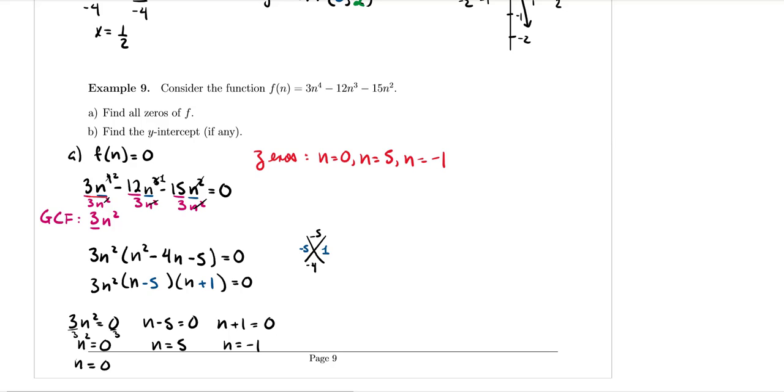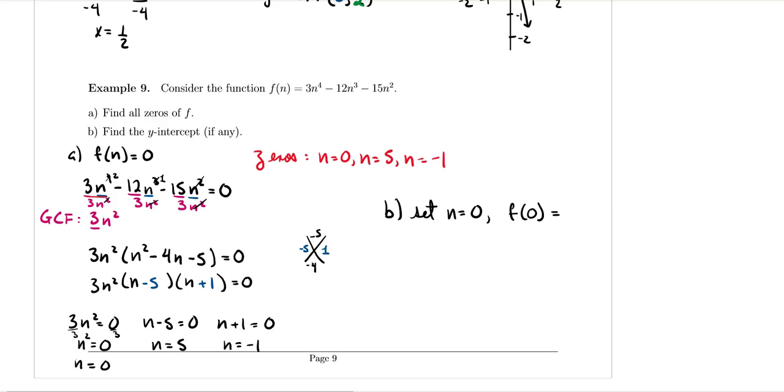Okay. Now what about the y-intercepts? Same idea. To find the y-intercepts, we need to set n equal to 0. Or in other words, we need to find out, what is f of 0?